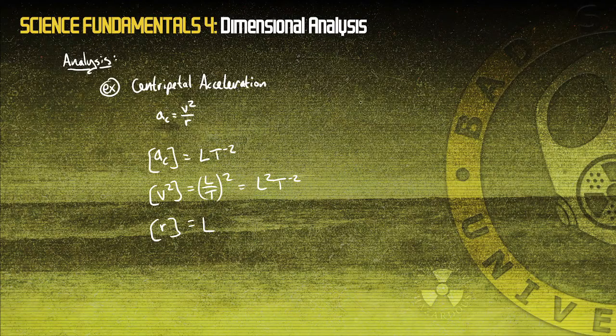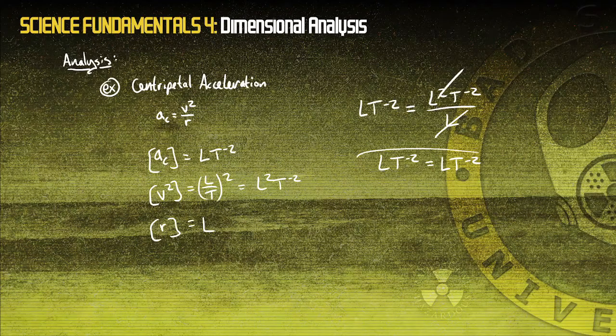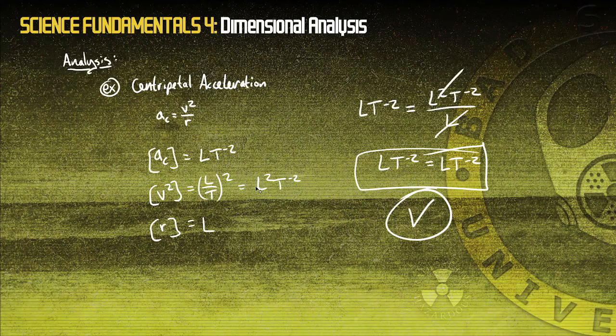So we have acceleration, L T to the minus 2, equals v squared, which is L squared T to the minus 2, divided by L. And then you can see that the L's on the right divide out, so you lose the squared, leaving you with L T to the minus 2 equals L T to the minus 2, which means that the units make sense, which is no surprise.